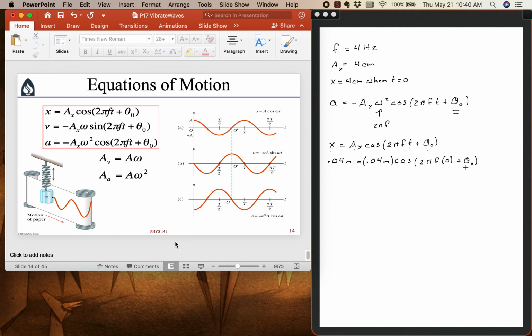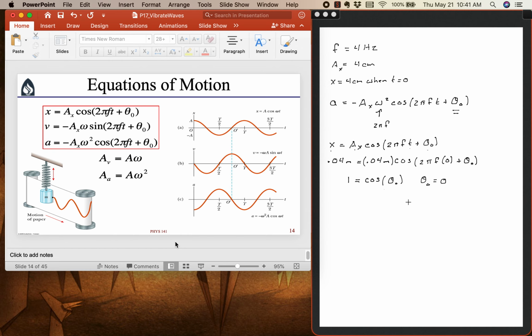So to solve for this starting angle, we can first divide both sides by 0.04 meters, so that's going to cancel. And so we have 1 is equal to the cosine, this stuff is all 0, so cosine of theta naught. So then we need to take the inverse cosine, or we remember that when is the cosine equal to 1? Well, the cosine is equal to 1 when theta is equal to 0. So that means that theta naught is equal to 0.